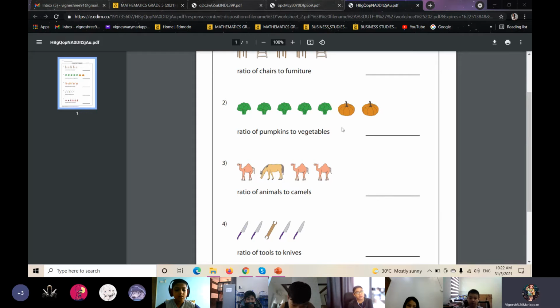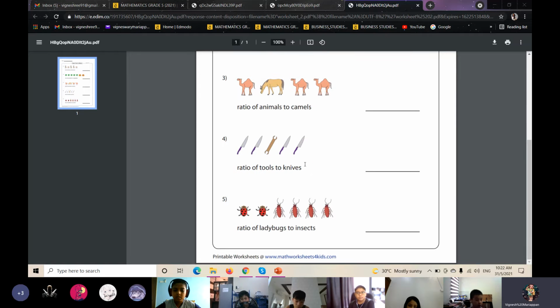Very good. One more animal is what? It's a horse. So 4 to 3. What is the ratio of tools to knife? 5 to 4. This is a spanner, right? Spanner is also a tool, knife is also a tool. So 5 to 4. What is the ratio of ladybugs to insects?